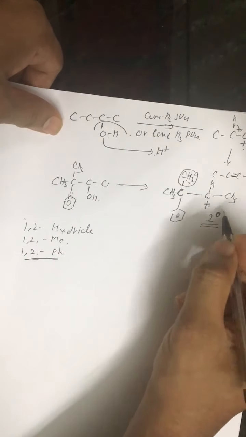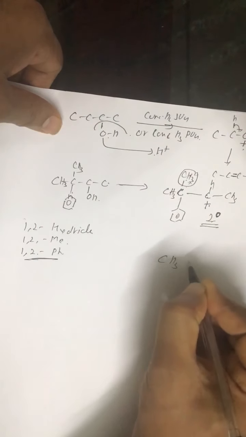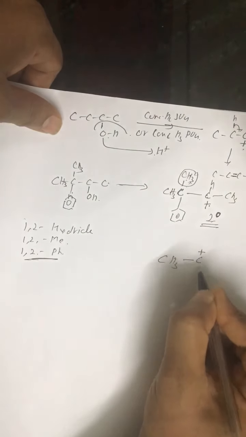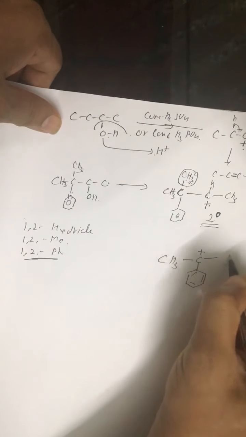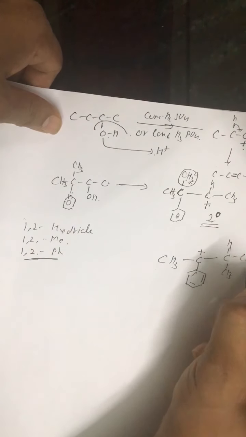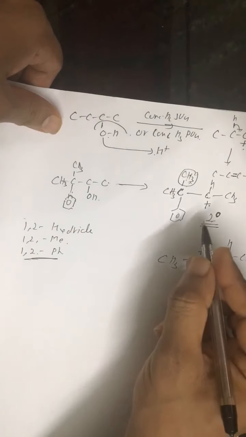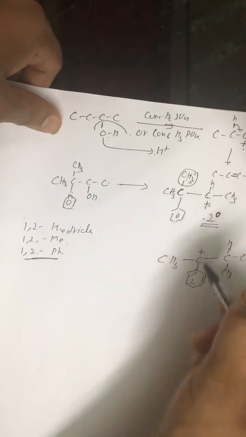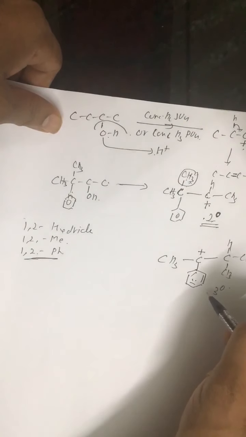If the methyl group gets shifted, we get CH3, then on this carbon we have a positive charge, and this is phenyl group, and this is CH3 and this CH3. So see, this is a 3-degree carbocation. This was previously a 2-degree carbocation. Now this is a 3-degree carbocation, which is more stable.